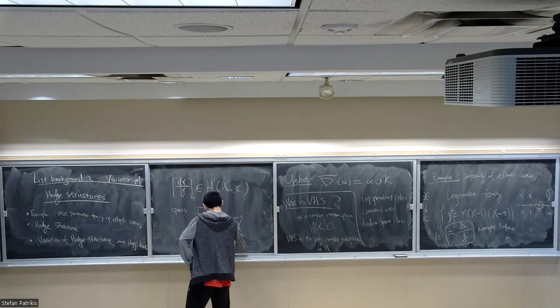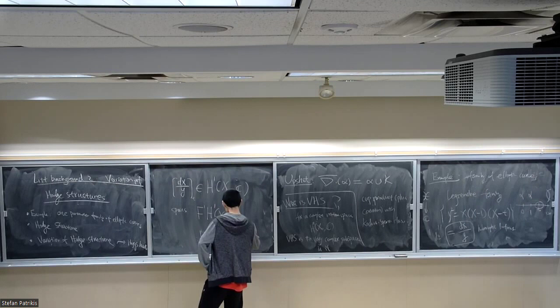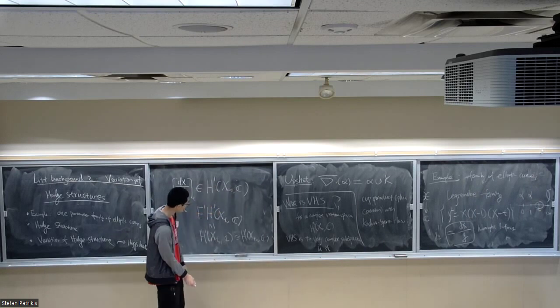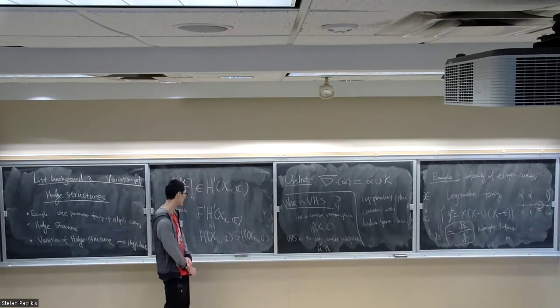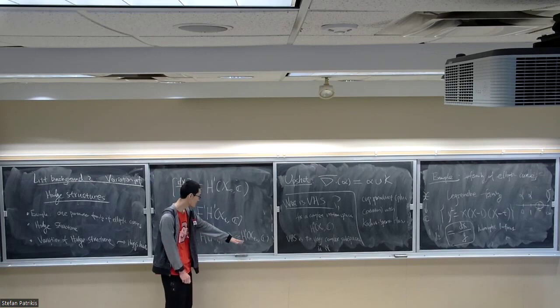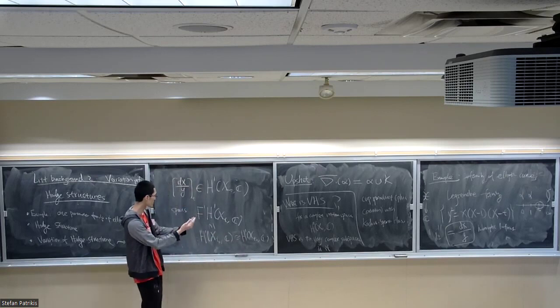So this contains H1 of Xt and is identified with H1 of Xt0. So locally you're fixing a single fiber, and you have holomorphic one forms in it, and so when you're changing your elliptic curves, you're changing this thing.